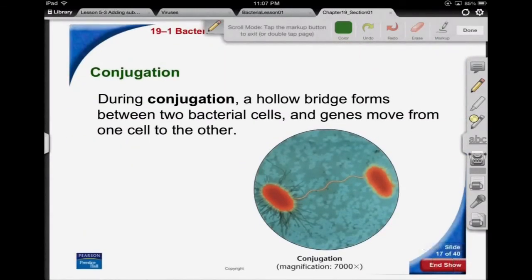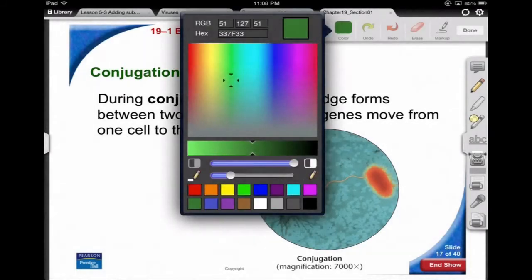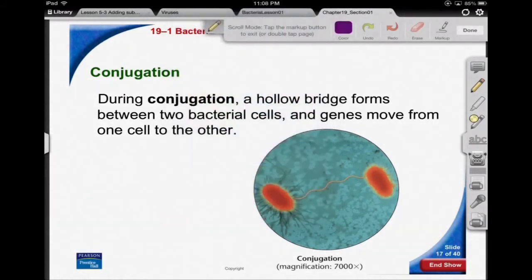Conjugation is when one bacterium decides to have sex with another. So here's a sort of an enhanced diagram, if you will, of one bacterium transferring genetic code to the other. So this hollow bridge, we saw this before. Let's switch colors to something that's a little more evident, right?